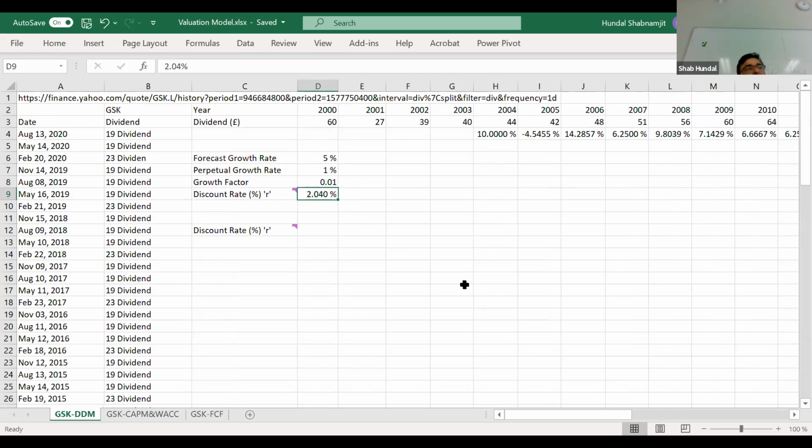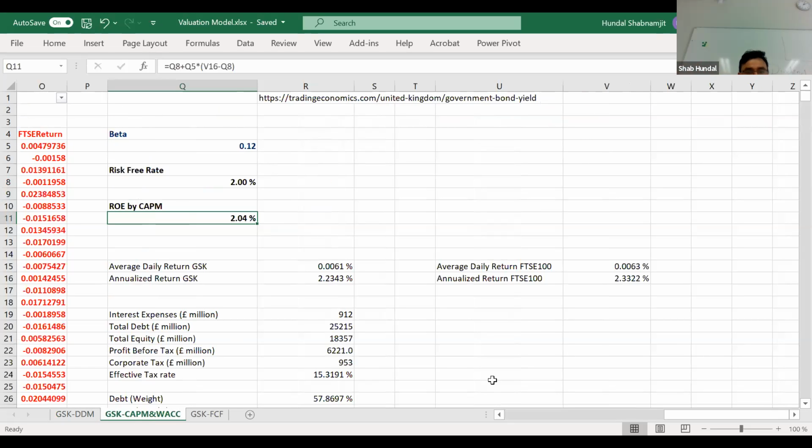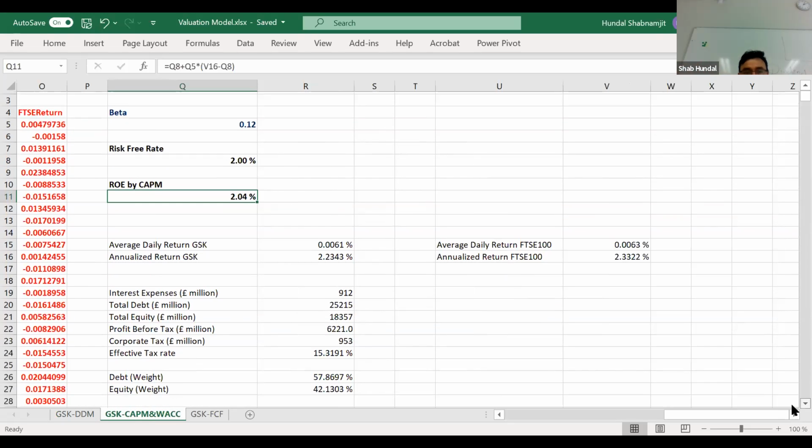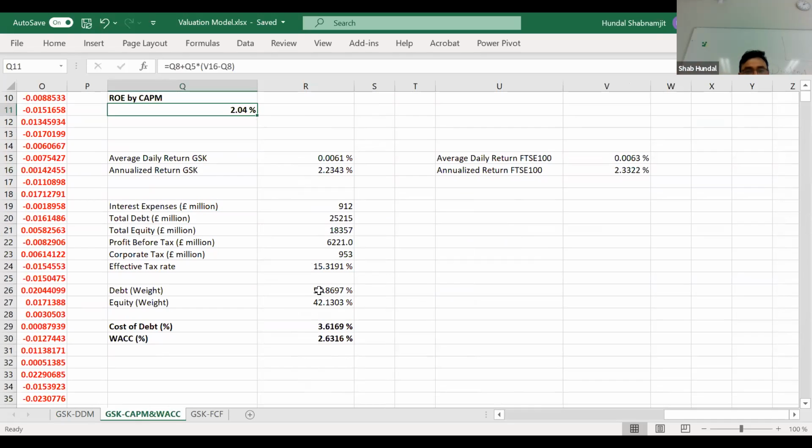But what is the main limitation of this CAPM? It doesn't consider that, right? Fantastic. Because if you see this 2.04, it only comes from the stock market, the equity market. Where is debt? Look at GSK. 57% of the total capital is debt, and I'm plainly ignoring it.